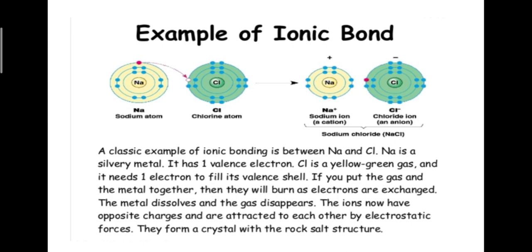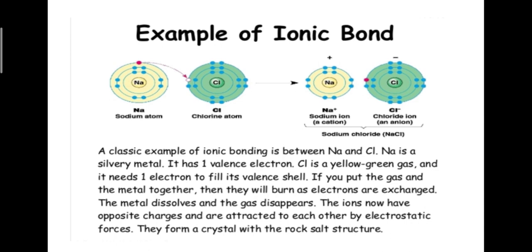To complete its octet, it needs one electron, and sodium metal has one valence electron. So if you put the gas and the metal together, they will burn as electrons are exchanged. The metal dissolves and the gas disappears. The ions now have opposite charges and are attracted to each other by electrostatic forces, and they form a crystal with the rock salt structure.